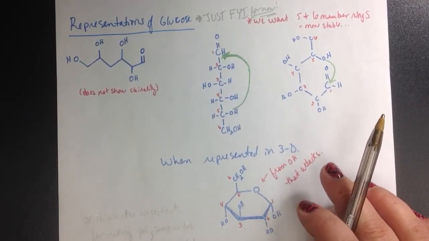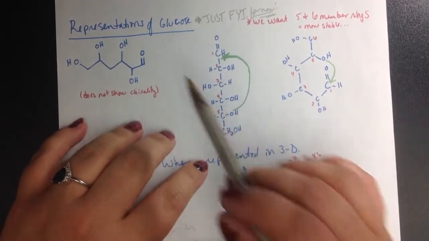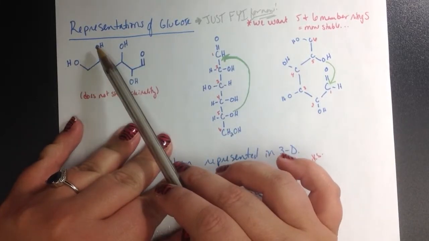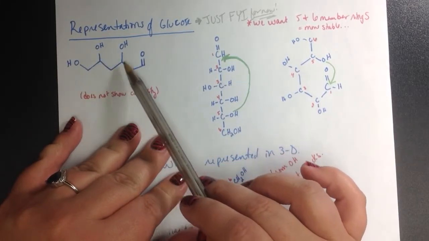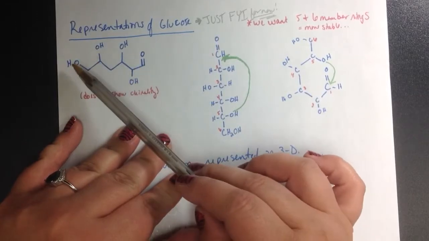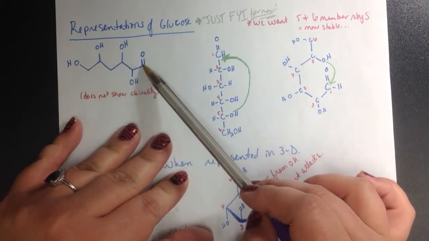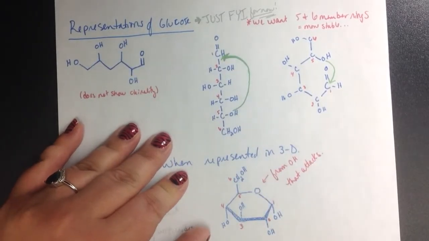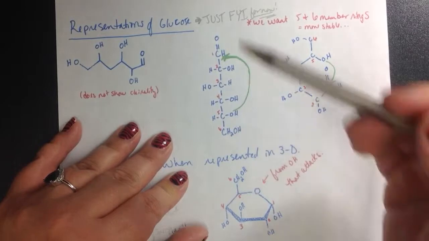And so that's the reason why reactivity is as it is. And this one is the one that comes down here, not this one. Because here we get 1, 2, 3, 4, 5, 6. If we were to come over here, it would be 1, 2, 3, 4, 5, 6, 7. And so we kind of prefer 6-membered rings. And glucose, that's exactly what it does.